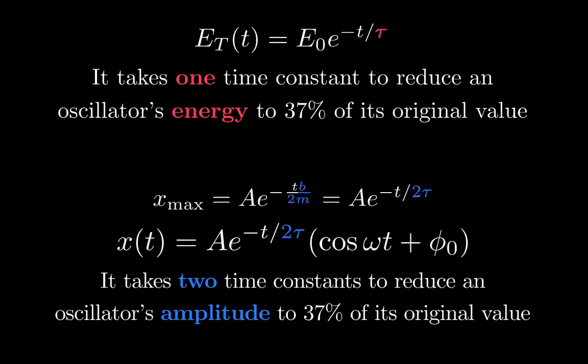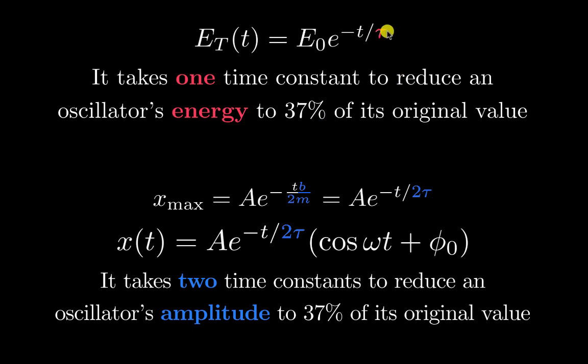But tau can also show up in our kinematic equation for the position. In other words, the amplitude also can be written in terms of this time constant tau. But in the case of the amplitude, it takes two time constants to reduce the value to 37% of its original value, and it takes one time constant to reduce the oscillator's energy to 37% of its original value.